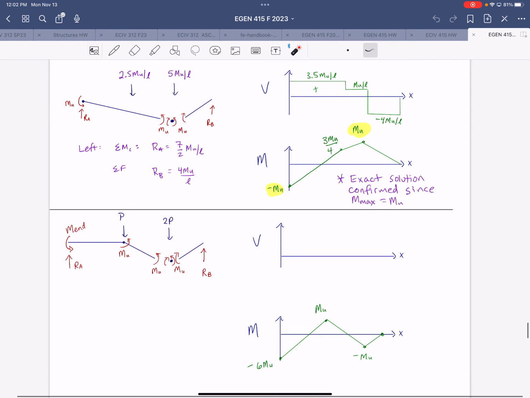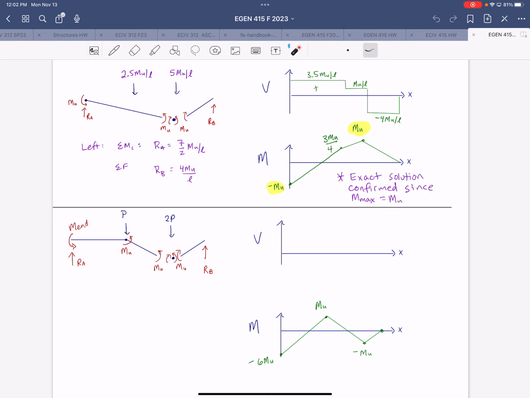I'm not going to go through the whole process for that last one, but it would be similar. You would assign the values that we solved for, so you would set P equal to 6 MU over L, so 2P would be 12 MU over L. Then you would go through, and this time you're calculating the reactions at A and B as well as the end moment.